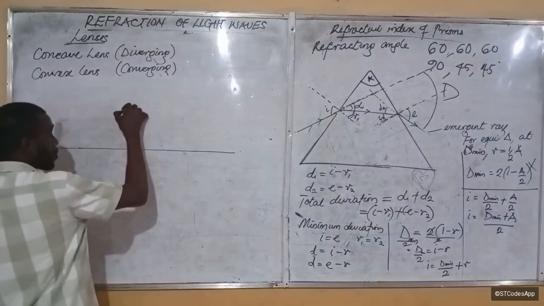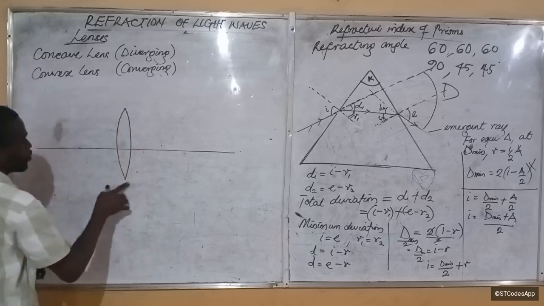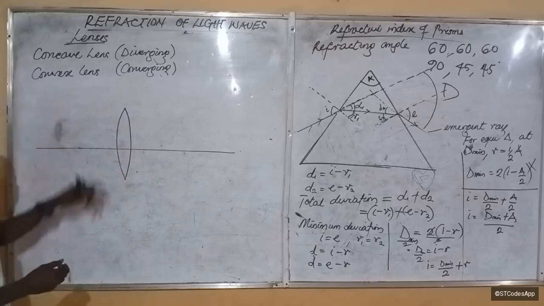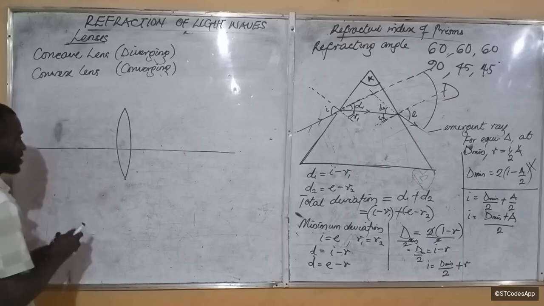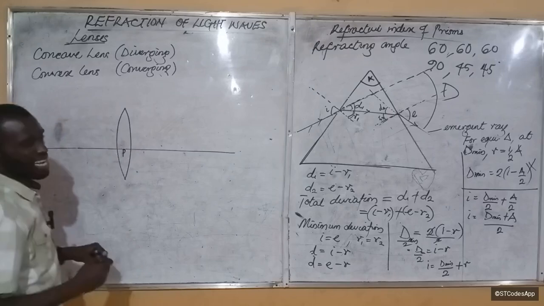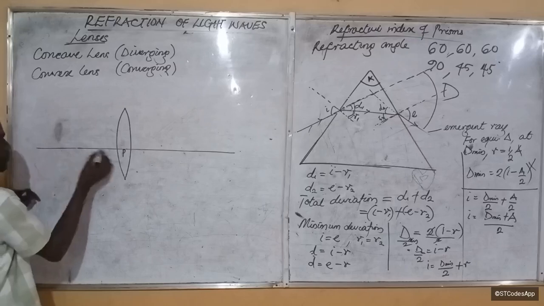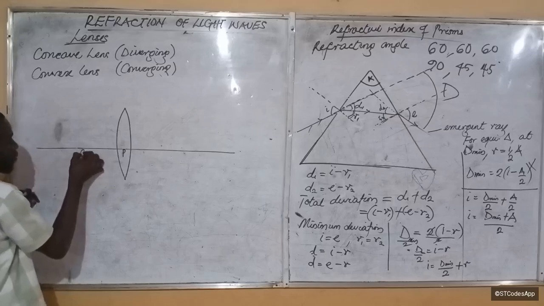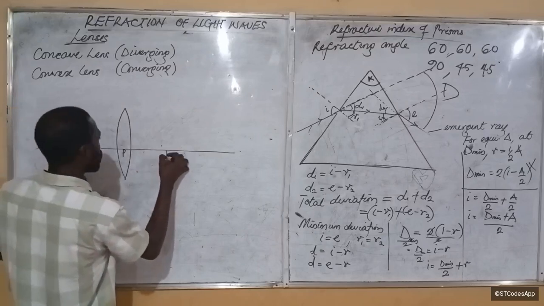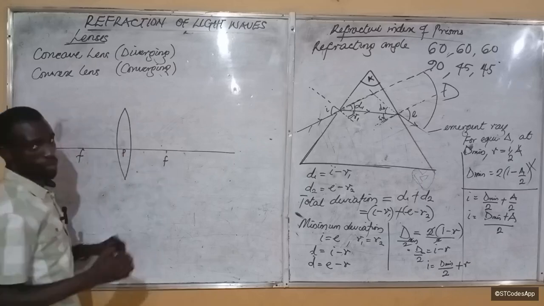Put your lens in the center like this, at the center. Even though my own is not falling in the center perfectly. This will be called the pole of the lens. Now, from here to a particular point here, we'll call it the focus. So there's focus here, there's focus here. So there are 2 points that we'll call, so there are two foci.